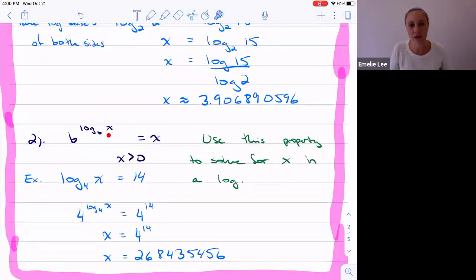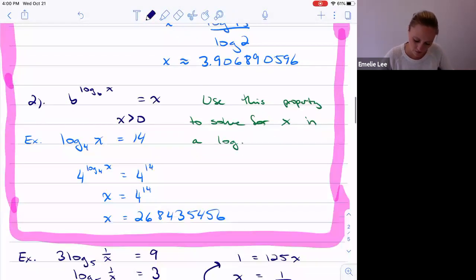Because I'm taking the log of x, it has to be greater than 0, right? We already talked about that, but just to be proper, we should have it somewhere on here as part of the domain. Good.